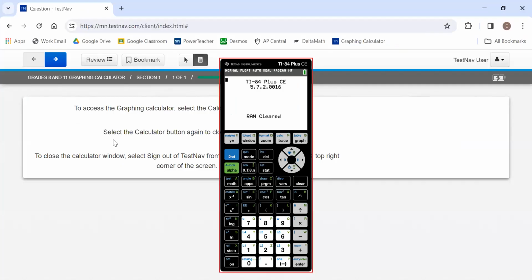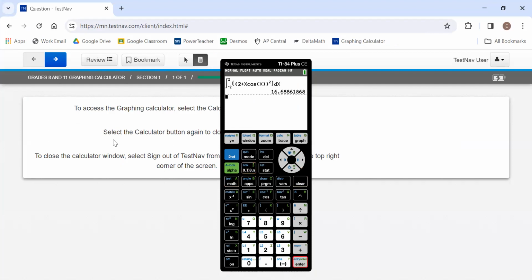So we'll hit math, option 9, FNINT, and we're integrating from -2 to 2 of 2 plus x cosine x squared dx.